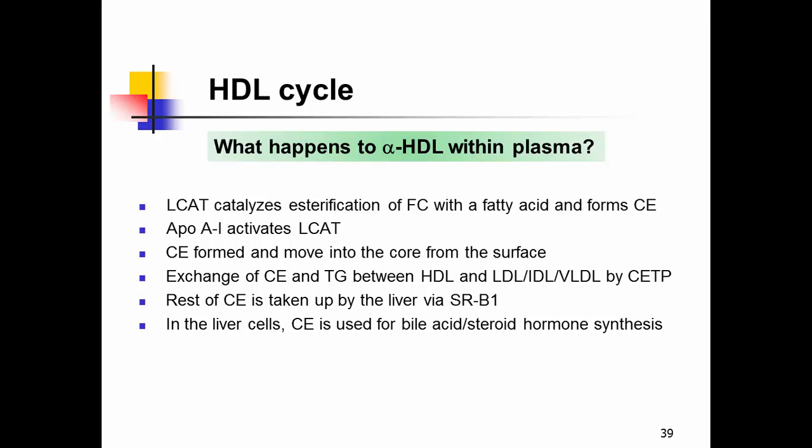Once formed, the cholesterol ester is internalized into the core of the alpha HDL. Free cholesterol is usually present on the surface, the monolayer of the lipoproteins. So once it's esterified to cholesterol esters, it enters the lipid core of the alpha HDL.